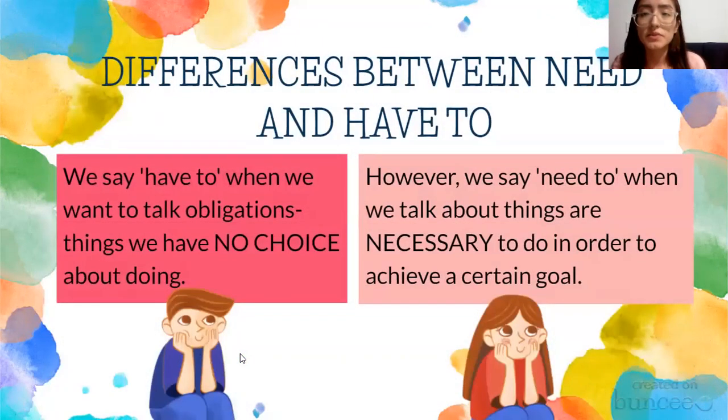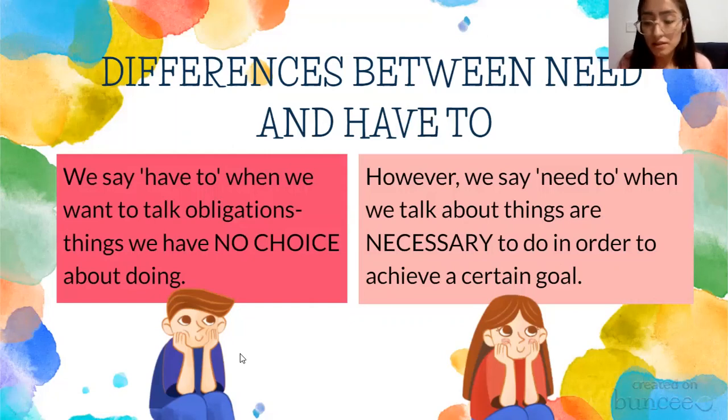What is the difference between need to and have to? We say have to when we want to talk about obligations, things we have no choice about doing, okay? It's very necessary to accomplish this activity because it's an obligation. However, we say need to when we talk about things that are necessary to do in order to achieve a certain goal.